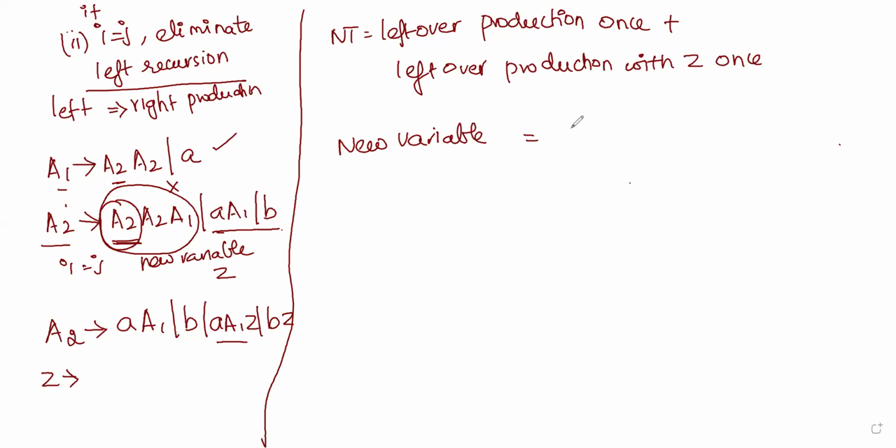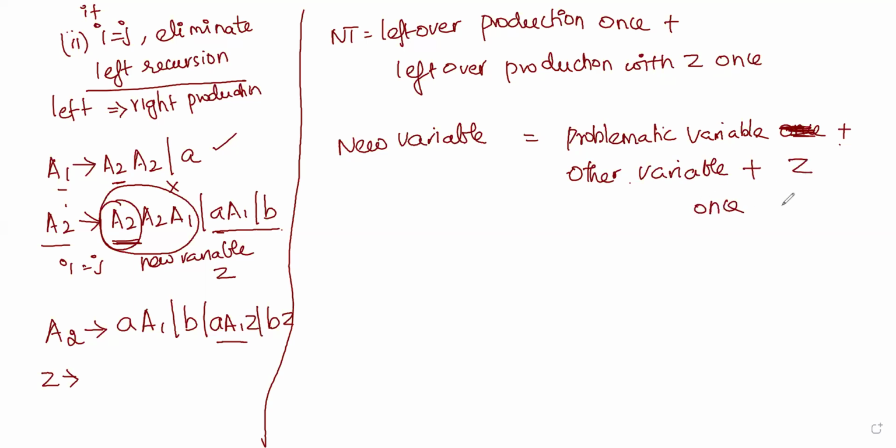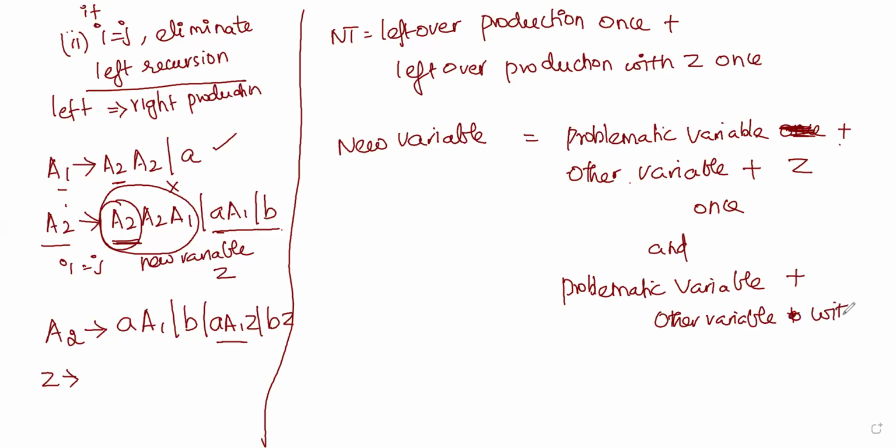So the new variable will be the problematic variable once, plus the problematic variable plus other variables plus Z once, and plus the other variable without Z once. This is how you will create it.